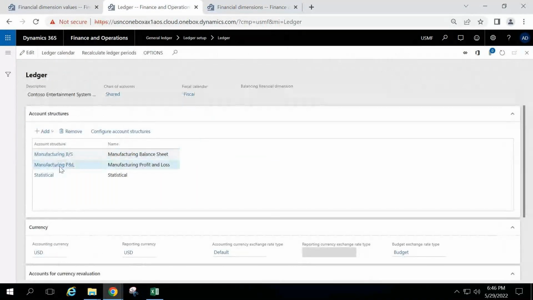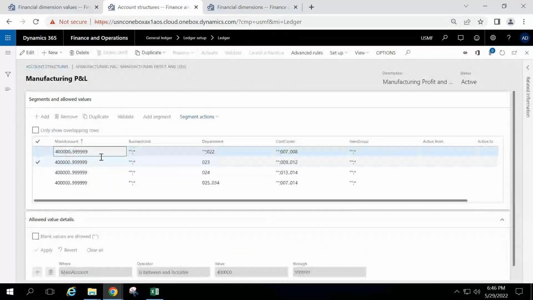If you go to the manufacturing PL, we have four lines created here. Ideally, when we have the option of advanced rules, why do we need four lines over here? Actually, if it is department 023, I want 009 and 010, 011, 012. I don't want 022 with the 009 combination.